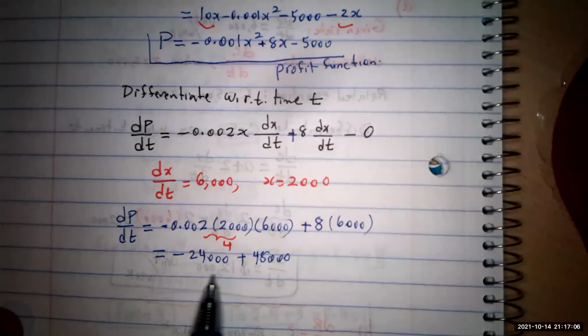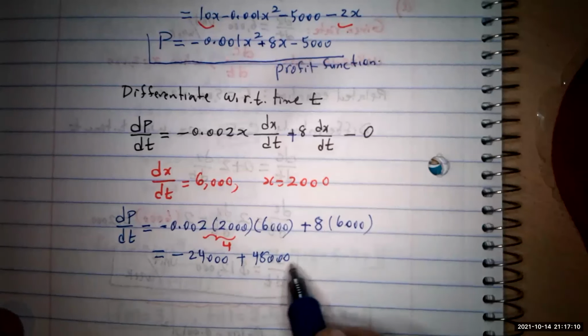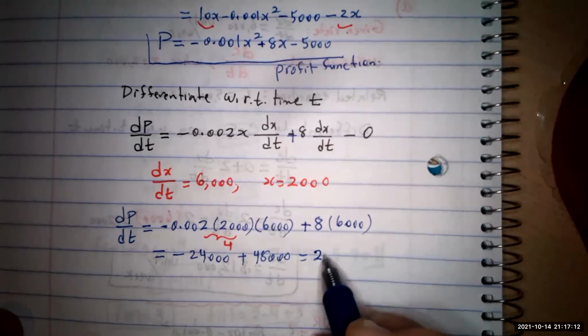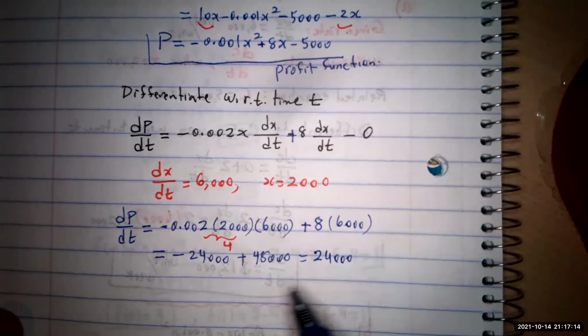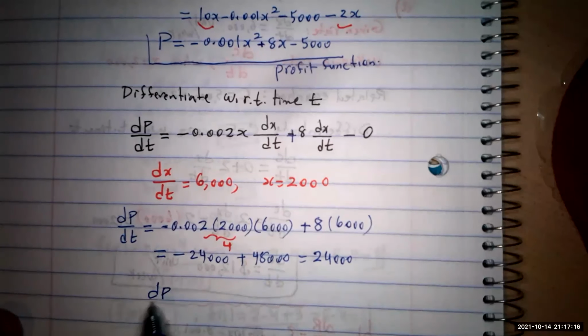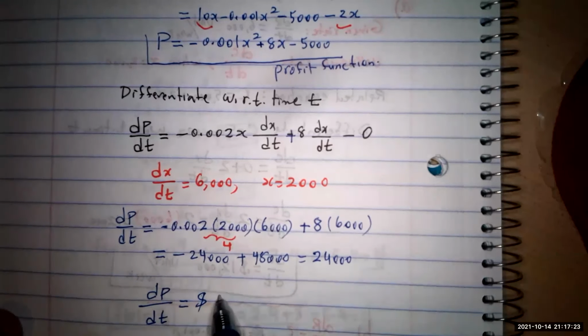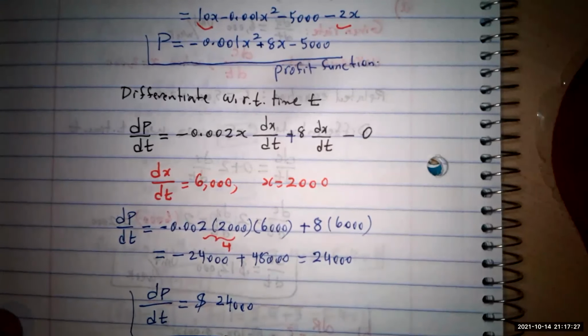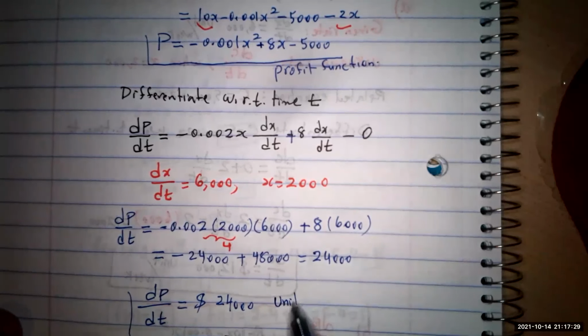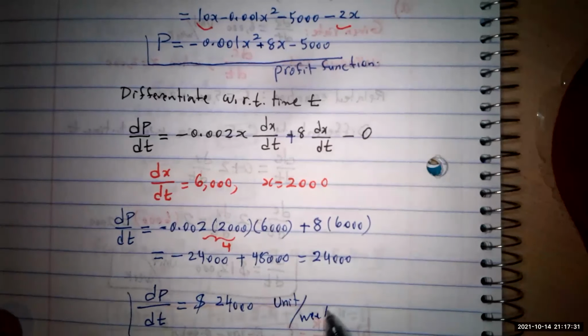So negative 24,000 and 48,000, you add them, so that gives you a positive 24,000. So you're making money. The rate of the profit is going to be in dollars, so we get $24,000 per week.